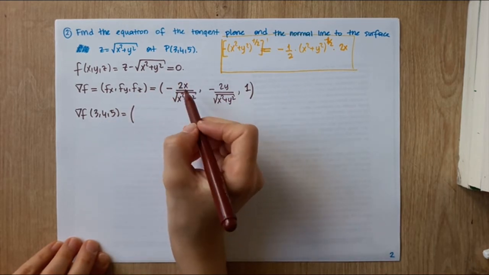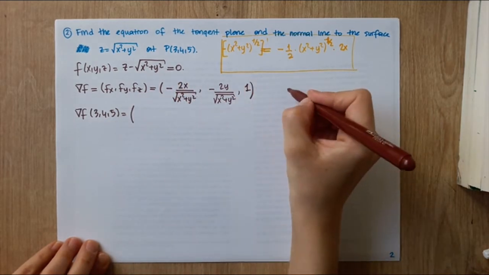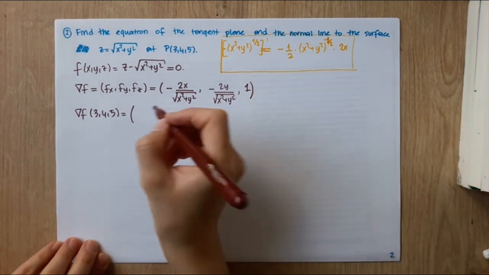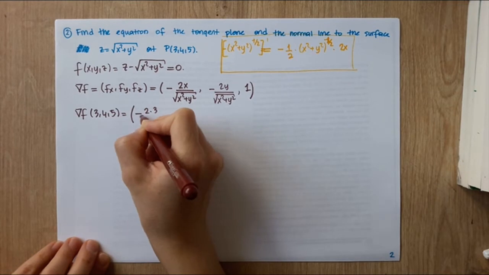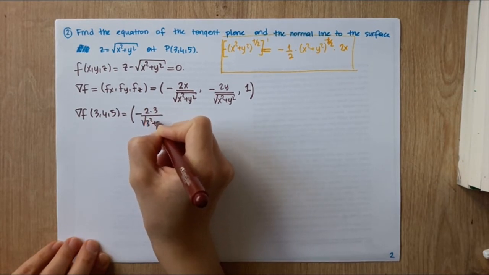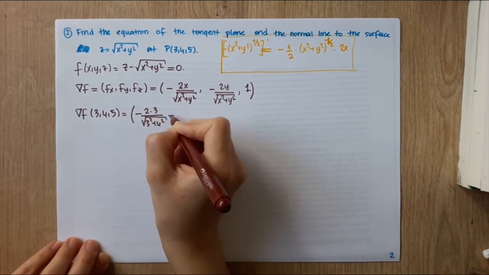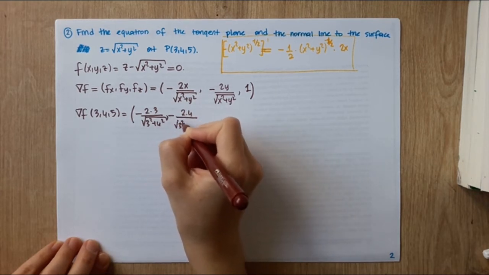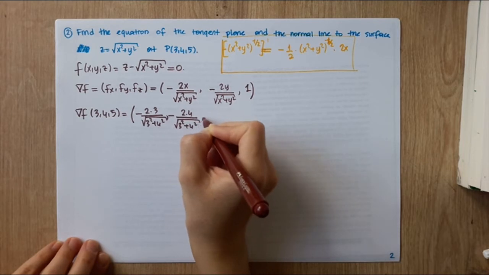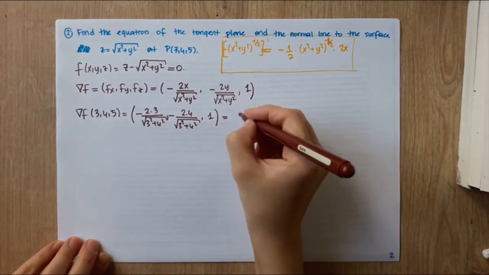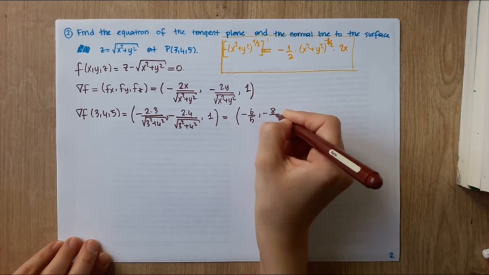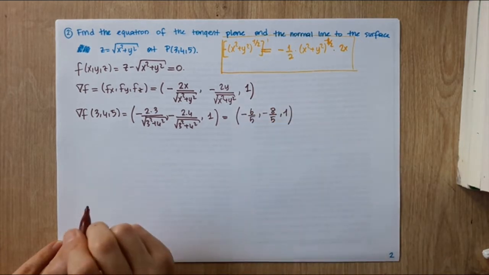If you substitute 3, 4, 5 here, 3 squared plus 4 squared, I have minus 2 times 3 over the square root of 3 squared plus 4 squared, and minus 2 times 4 over the square root of 3 squared plus 4 squared, and 1 here. So we have minus 6 over 5, minus 8 over 5, and 1.